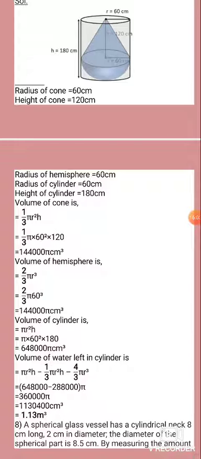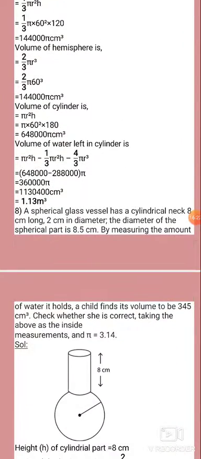At last what we get? 11,30,400 centimeter cube. Now to change that into meter cube, we divide by what? 100 into 100 into 100. At last what we get? 1.13 meter cube.